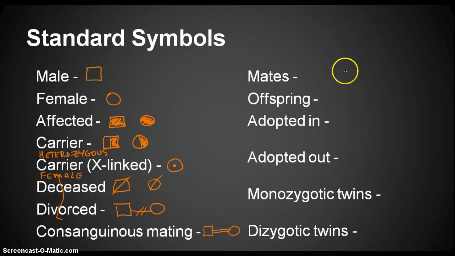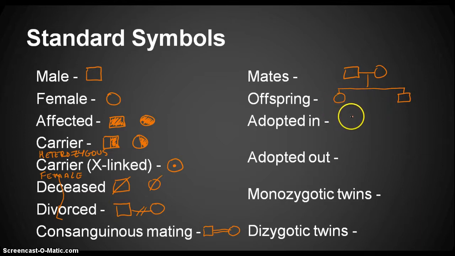Now, we already showed that when two individuals mate, they have a horizontal line. For their offspring, we draw a vertical line connecting the mates and their children. So we'll give this family a girl and a boy.